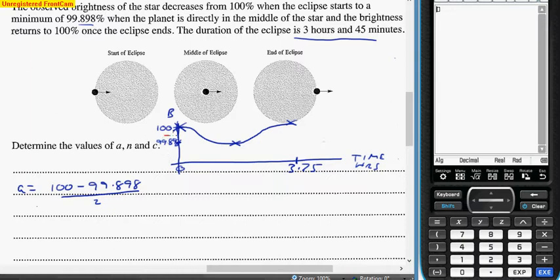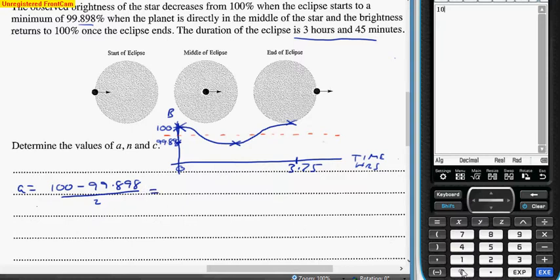The middle line goes like that, and the amplitude is from the middle to the top or the middle to the bottom.